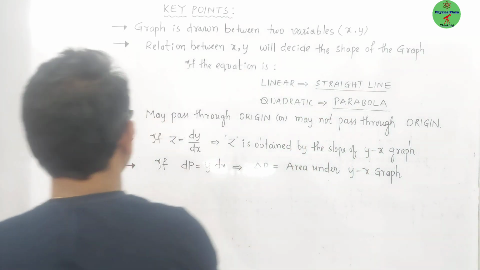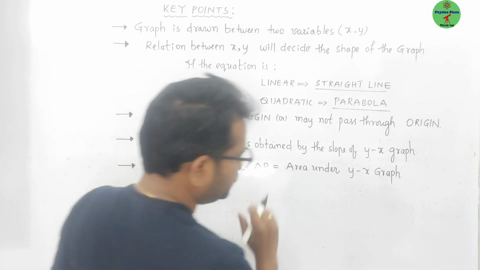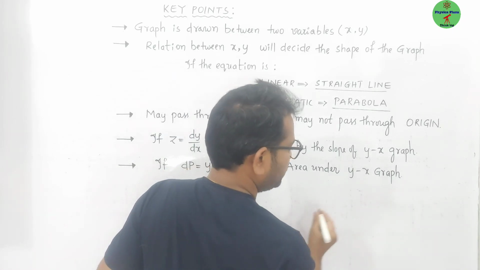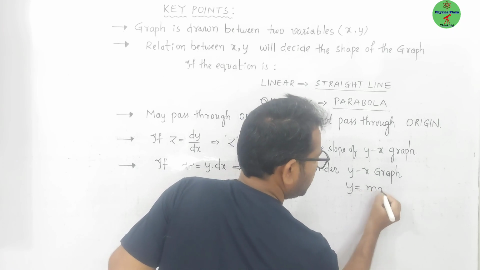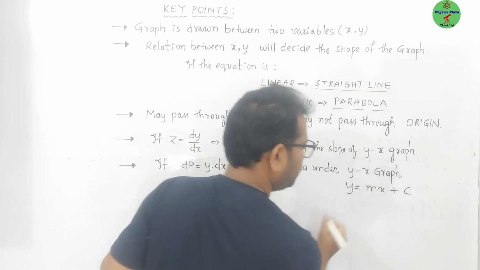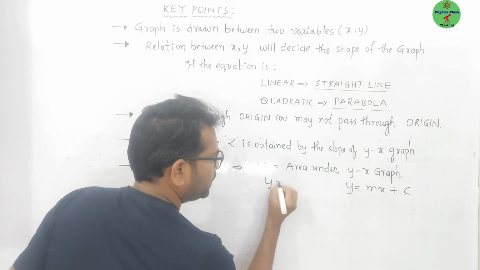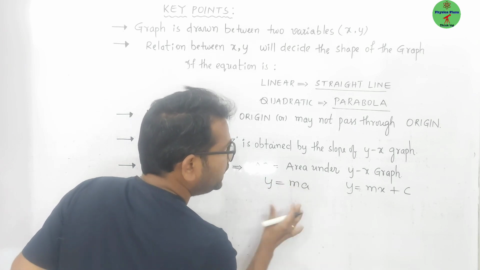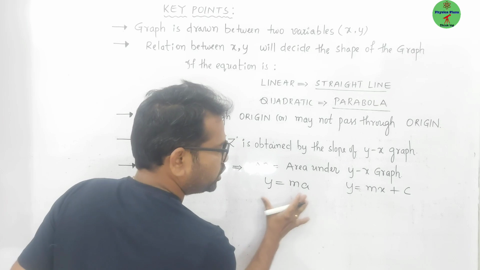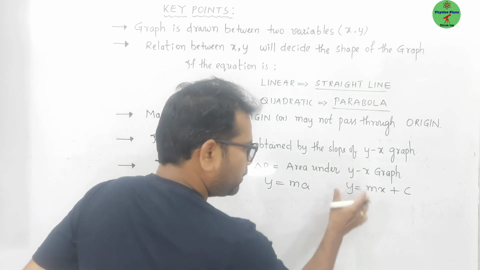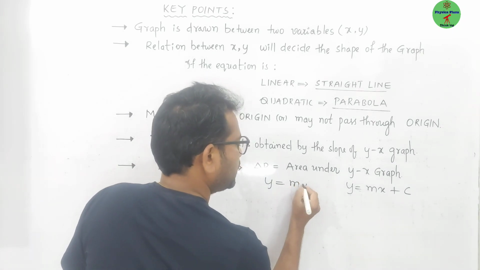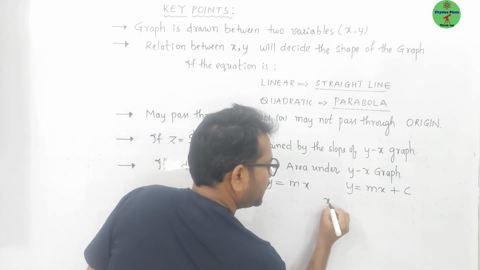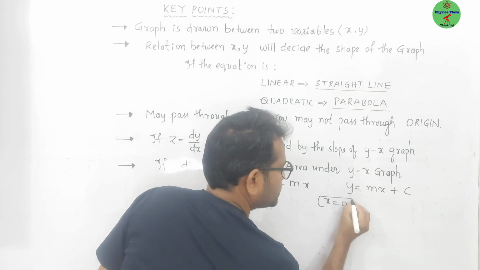Yes, let me tell you. Suppose, children, we take two equations: y = mx + c, and y = mx. These two are linear equations only, which means we get a straight line. But in these two equations, let us substitute x = 0 in both cases.